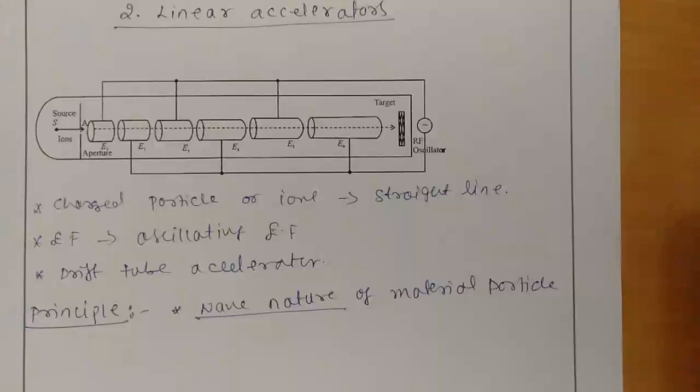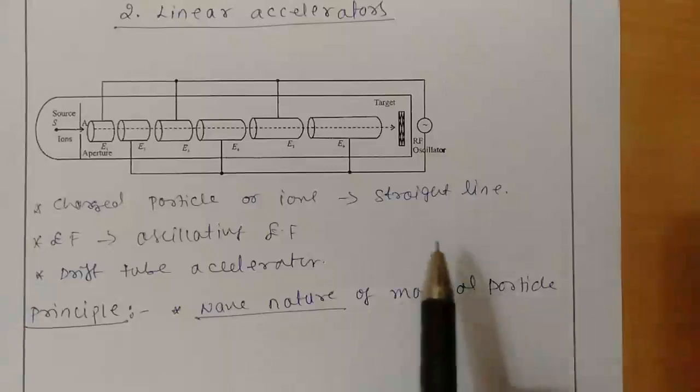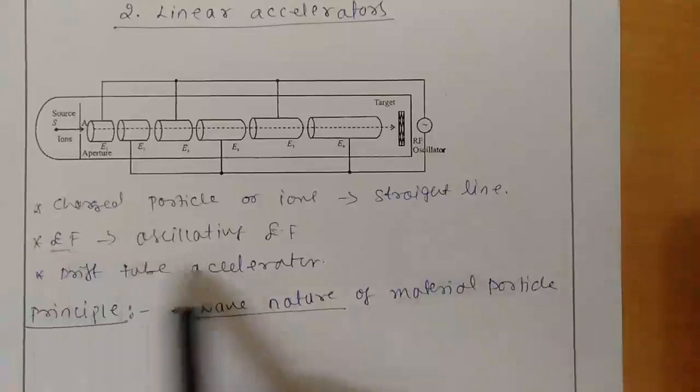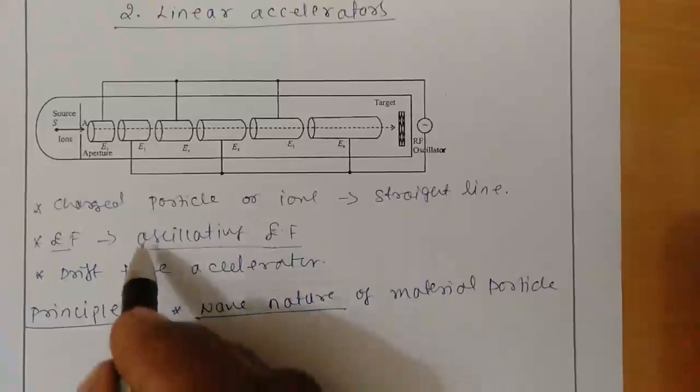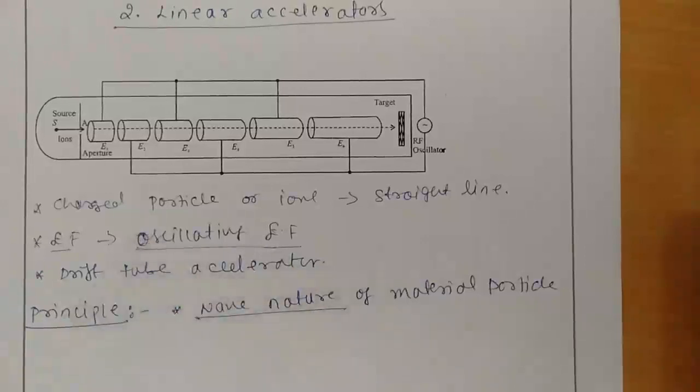When these charged particles or ions pass through the accelerator, if the frequency of the applied oscillating electric field is equal to the frequency of the motion of the particles, then in the linear accelerator all the charged particles will get accelerated.